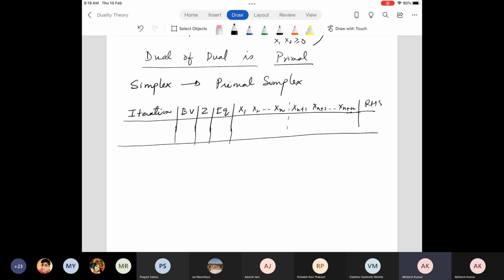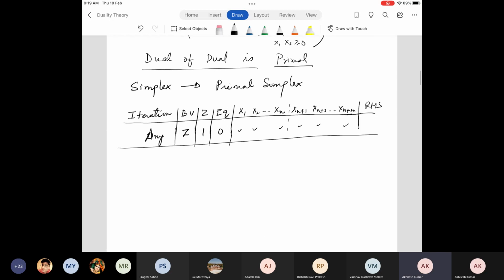Here is the RHS. Iteration any, basic variable G, equation 0. Interestingly, the values you get here below the slack variables are actually the values of your dual variables. Not y(n+m), but y.